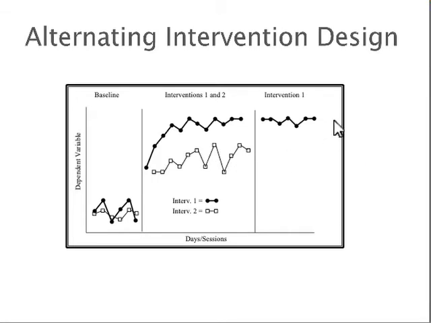And generally speaking, we'd like to see that that intervention was continued, so that this wasn't confounding what was happening here, because it could be that this was aversive, and so by delivering the intervention here and then delivering the intervention here, the student liked this one better, so then this could have, who knows, confounded the results. And so we would want to see that this intervention lasted on its own.